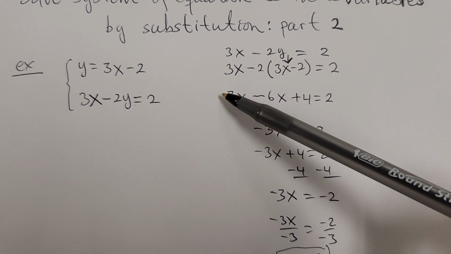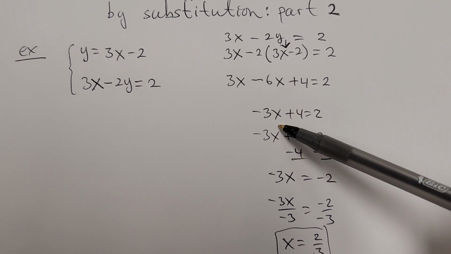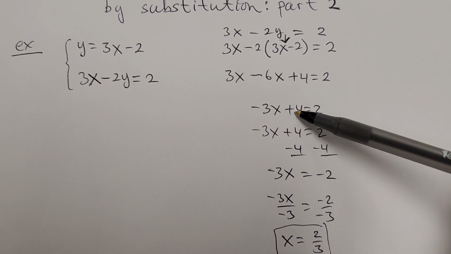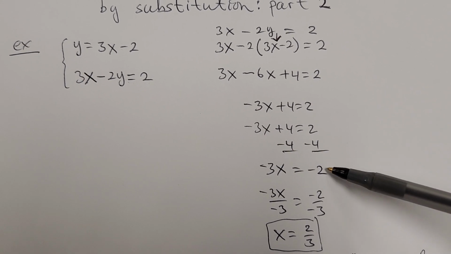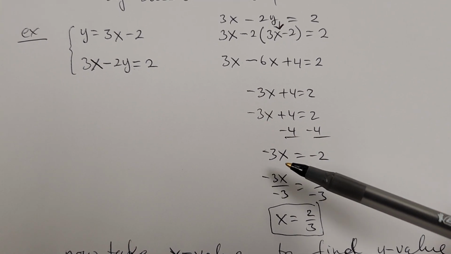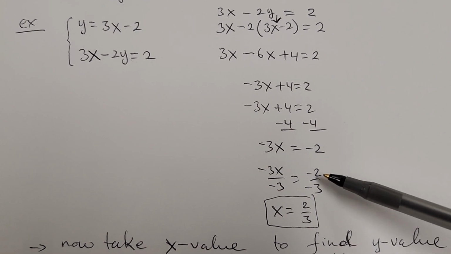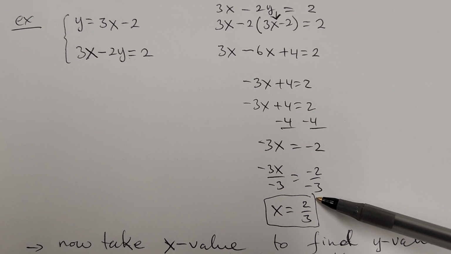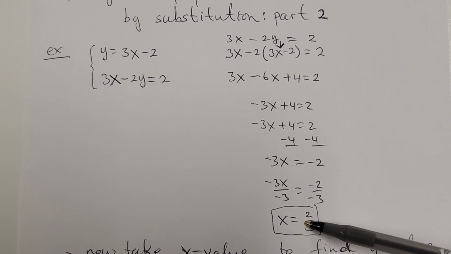Okay, next, combine like terms. 3x minus 6x gives me negative 3x. Okay, next, bring this 4 to the right hand side, so subtract 4. That will give me negative 2. And then now I divide by negative 3, so I have x, and then negative 2 divided by negative 3 is positive 2/3. Okay, so now we know what the x value is.